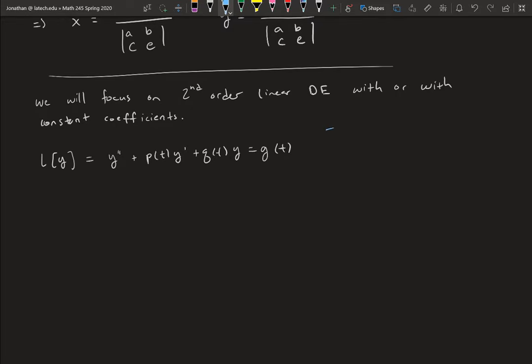Note, this is standard form since the coefficient of y double prime is 1. If it's not 1, you first have to divide by that coefficient.